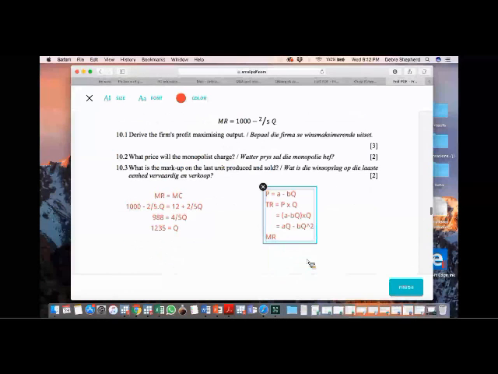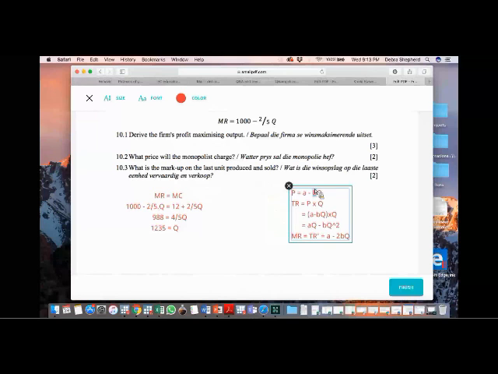And marginal revenue is the first derivative of this, which gives A minus 2BQ. If you compare the demand curve with marginal revenue, you'll notice the intercept is the same, and the marginal revenue has twice the slope of demand.